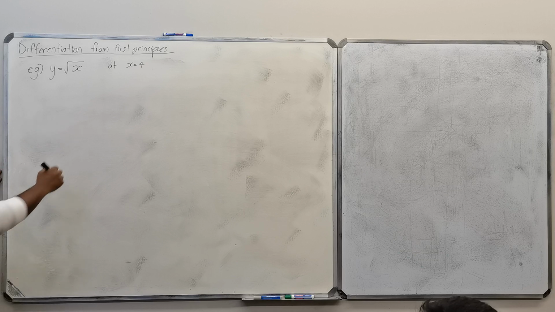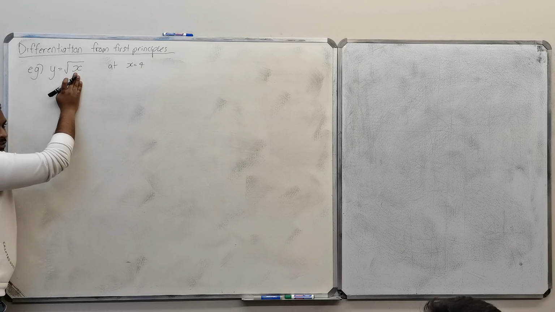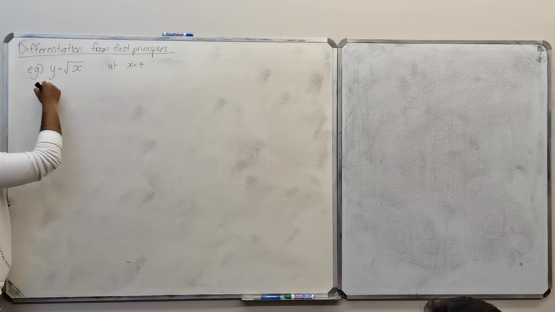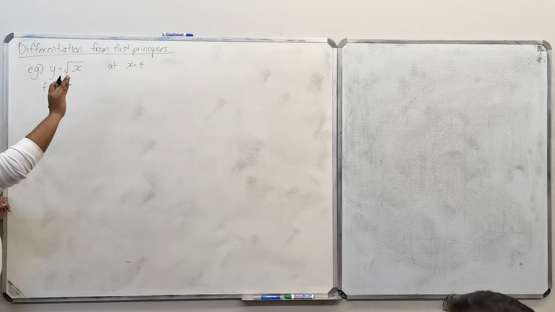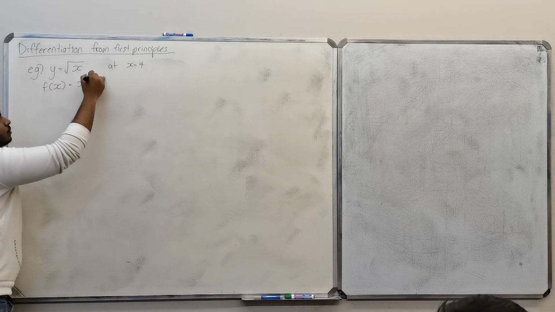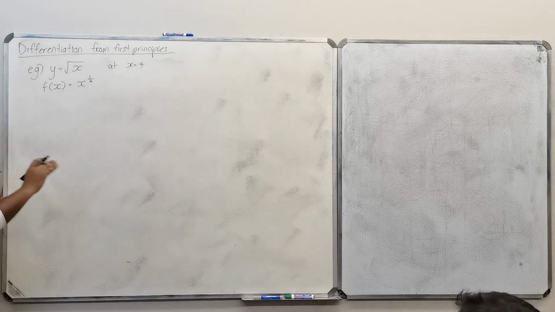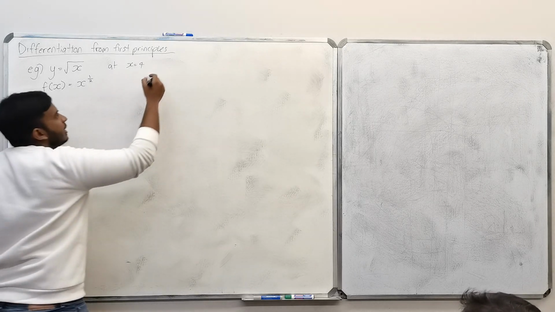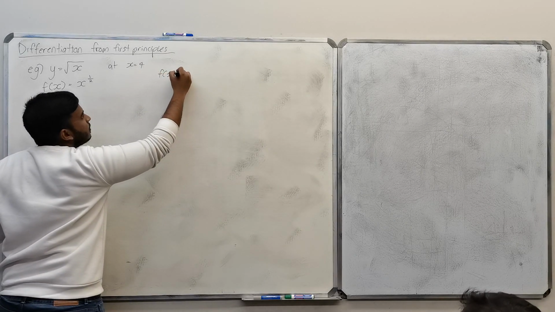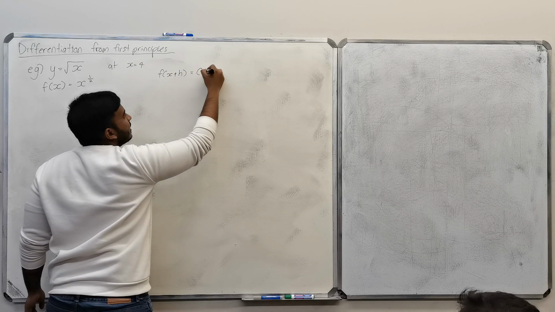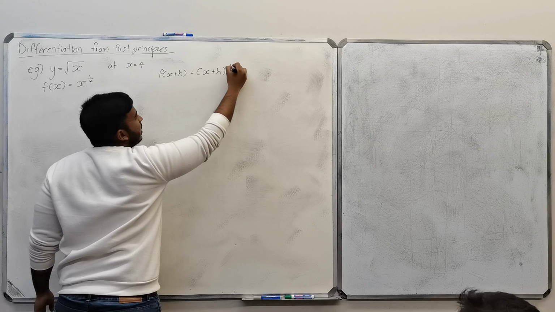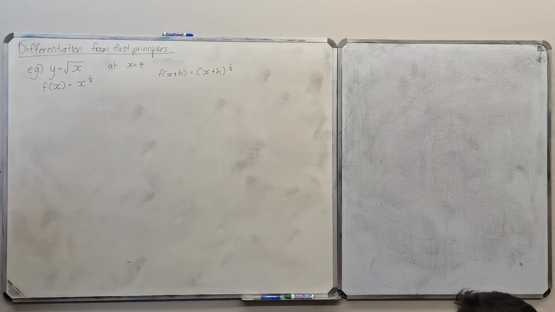Your independent variable is x, so f of x is x to the power half. I also need f of x plus h, and that would be x plus h to the power half. And how do I evaluate the bracket?